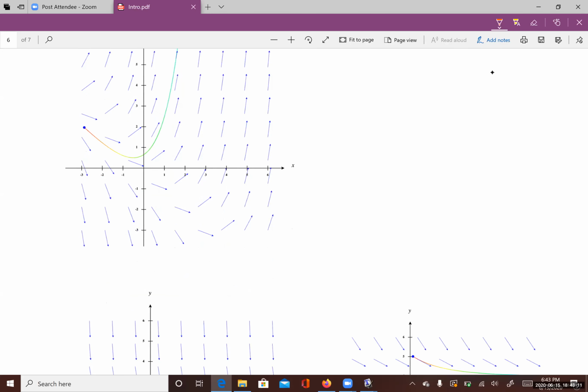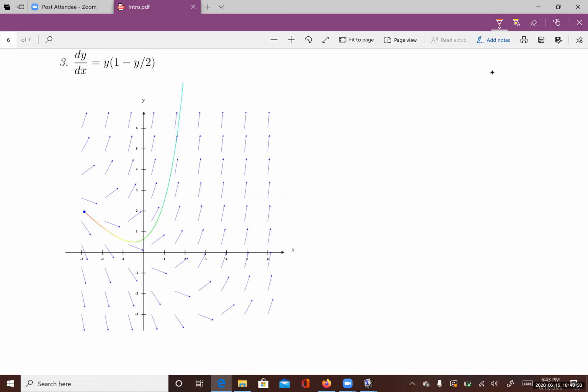If I look at the first direction field, I can see that the solution looks like a parabola. The slopes of these vectors on this side here are positive, the slope is negative here, and this is negative, and this is positive here.